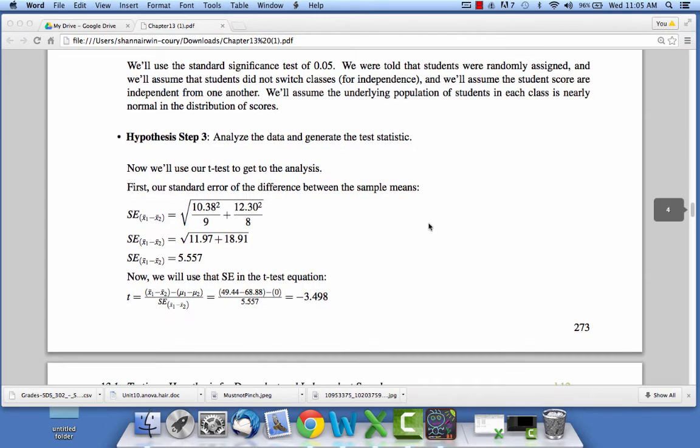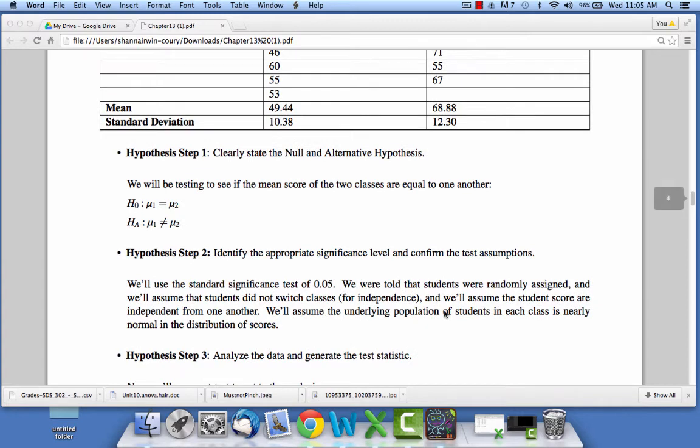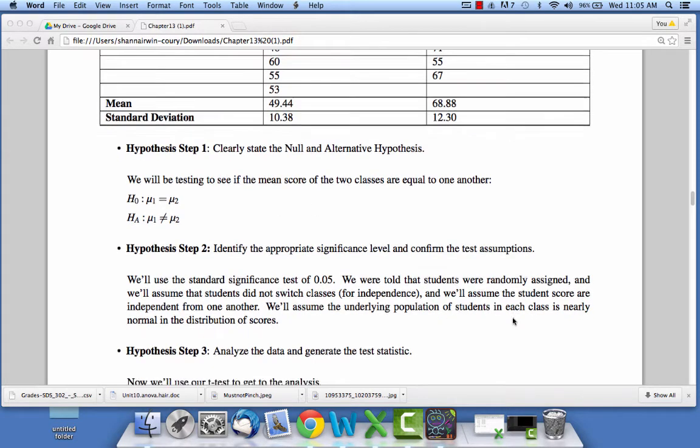Now, we're looking at mu1 is not equal to mu2. So the thing that we do instead is look at mu1 minus mu2, and then we expect that to be 0. You can see that if these are equal, then you subtract them and it's 0. So we're looking at the difference.